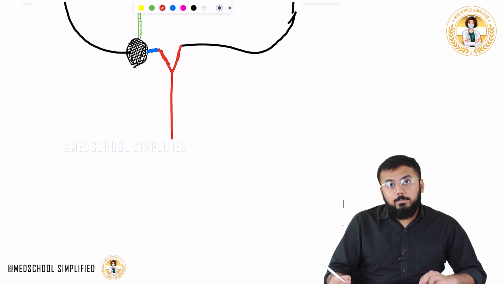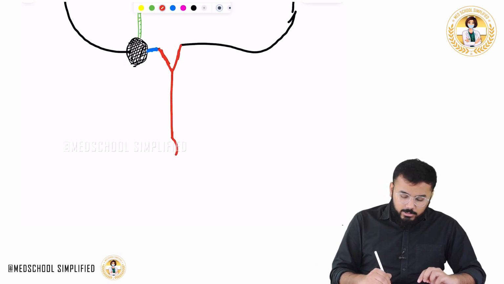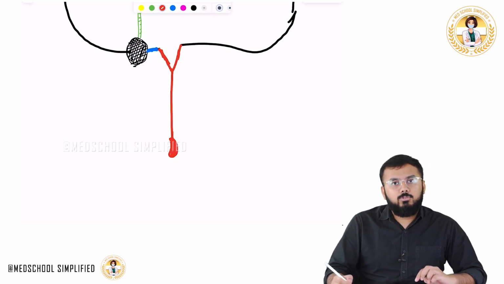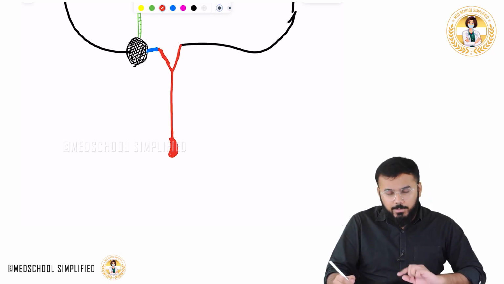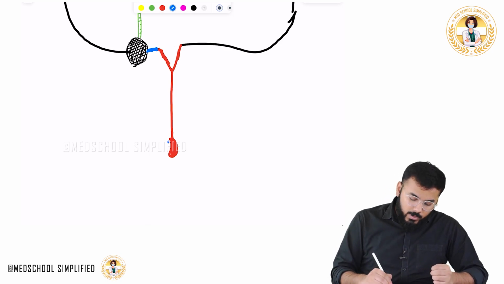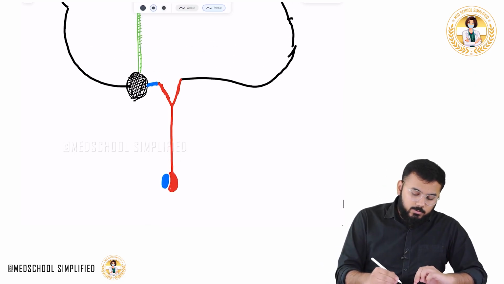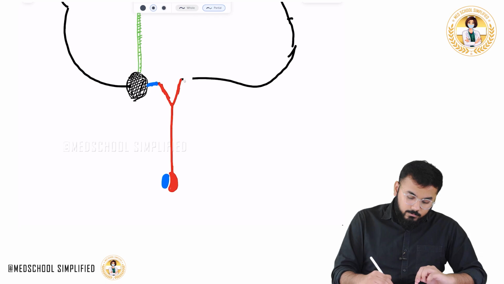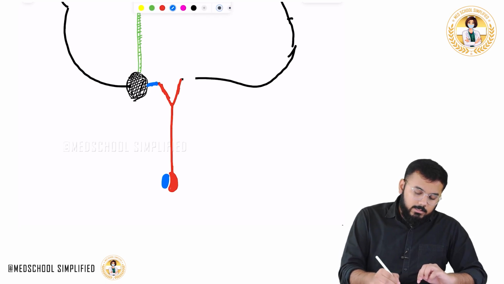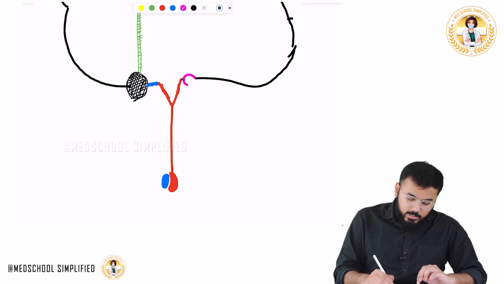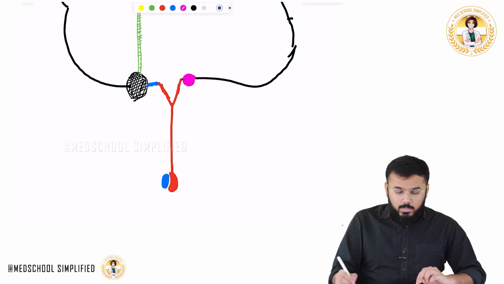Now hanging down from the median eminence you see a stalk. This stalk is called the pituitary stalk. The pituitary stalk is continuous with a structure over here, and this structure is called your pars nervosa or posterior pituitary. Next, attached to this pars nervosa or posterior pituitary you have the anterior pituitary. Okay. Next important thing, just behind this we have another important structure all the way like this. This structure is called your mammillary body, right?